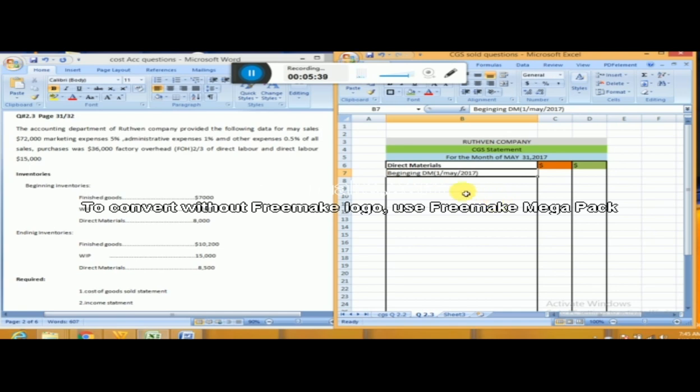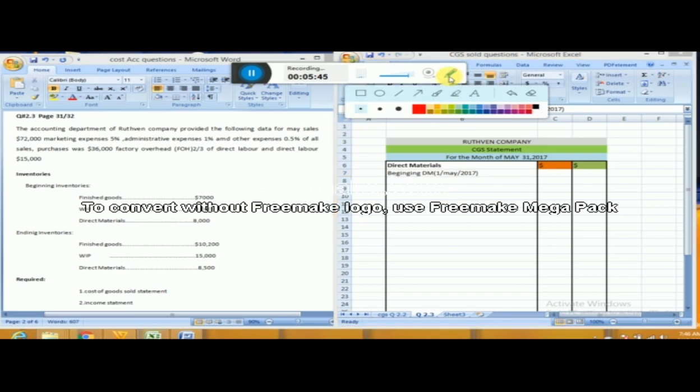At the end of the month of April, the 8,000 material, if you look at your screen, this is the 8,000 direct material, and in the inventory, this is beginning inventory. Beginning inventory means that these are the ending inventory of the month of April. So the 8,000 materials were not used in the month of April. Now we will use this 8,000 material in the month of May.